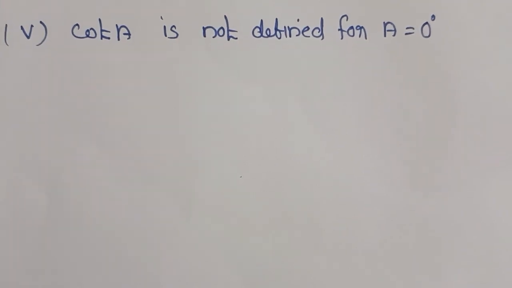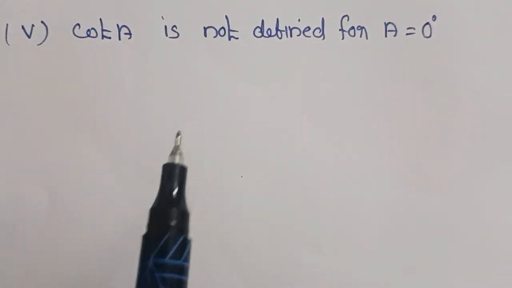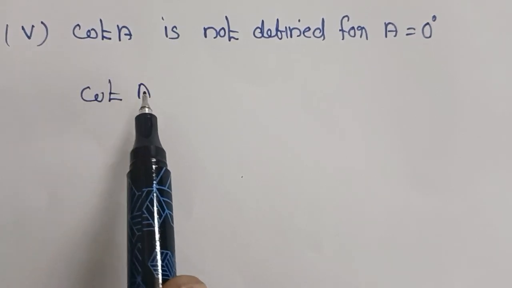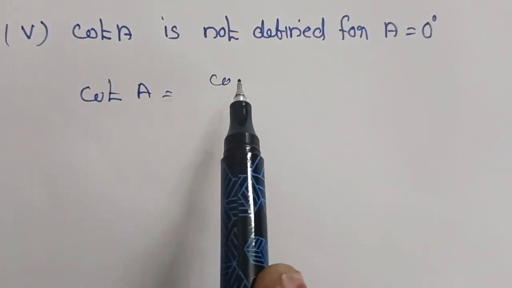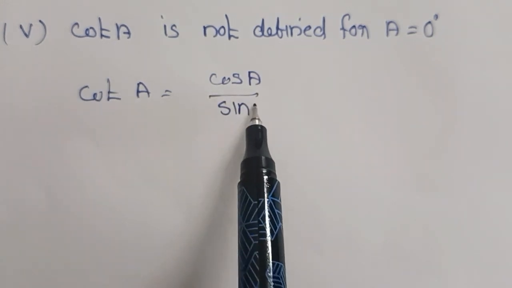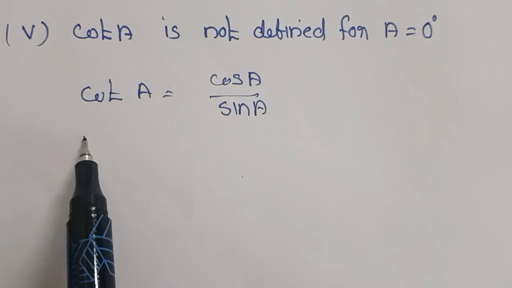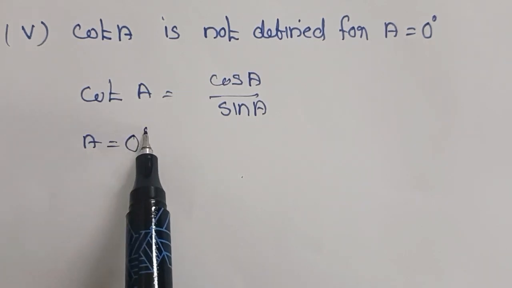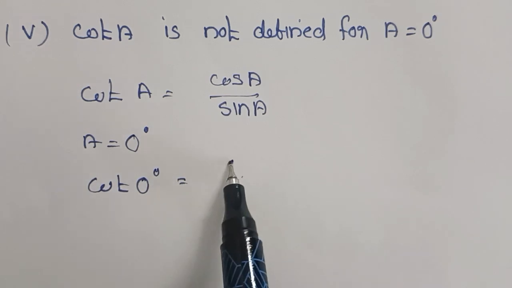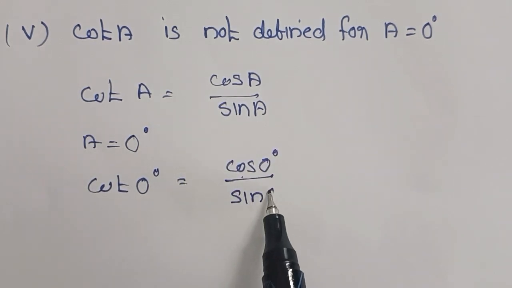Fifth one, cot A is not defined for A = 0. We know that cot A = cos A divided by sin A, isn't it? Substituting A = 0 degrees, we get cot 0 degrees = cos 0 degrees divided by sin 0 degrees.